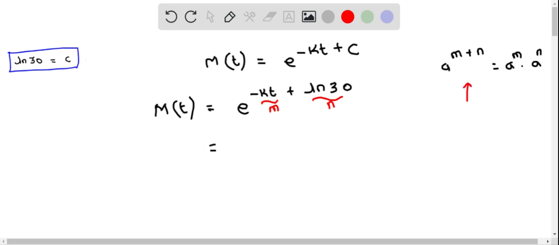If I use this rule, then this can be written as e raised to the power of negative kt times e raised to the power of natural logarithm of 30, and we can cancel this e and the natural logarithm as they are inverse to each other. So we just get 30 for the second term.